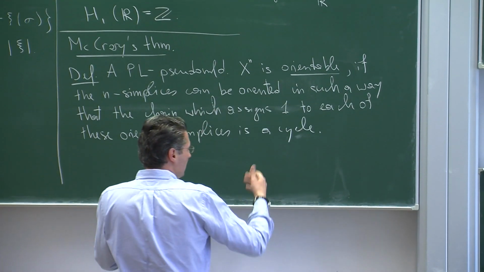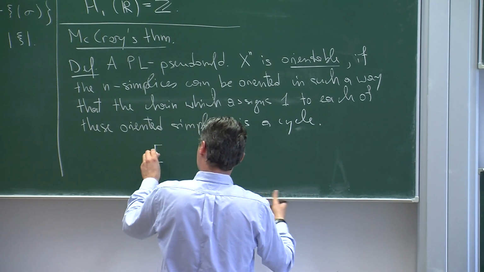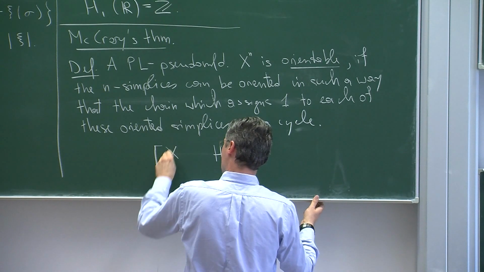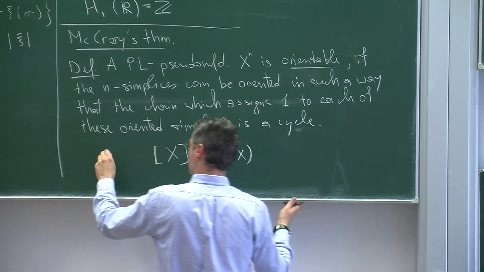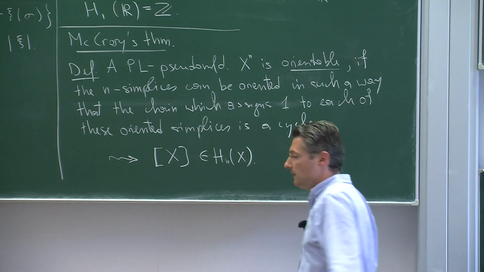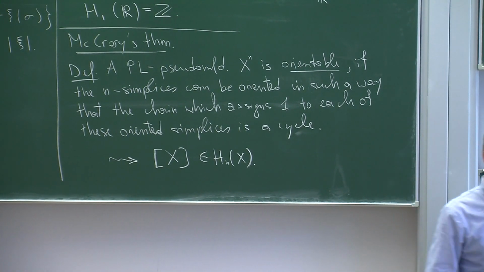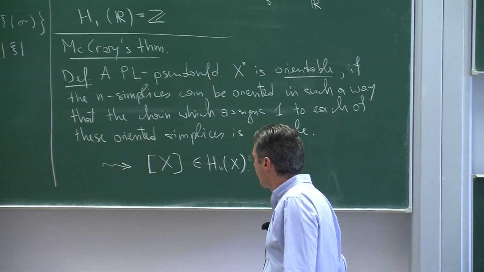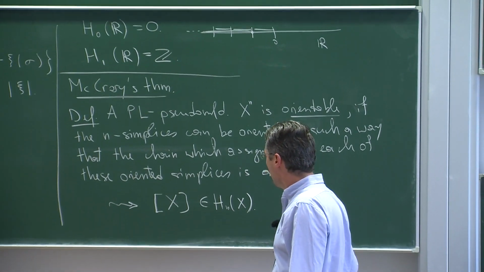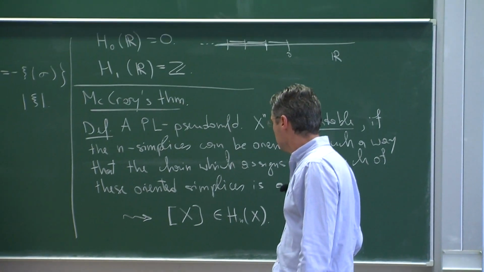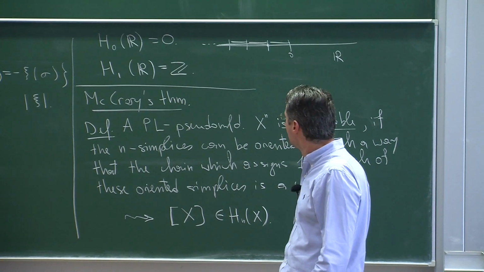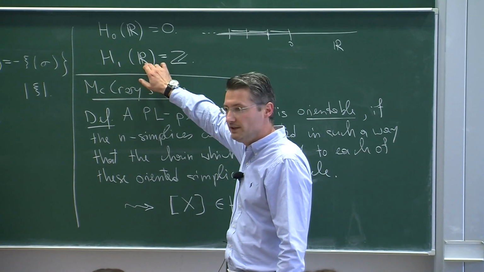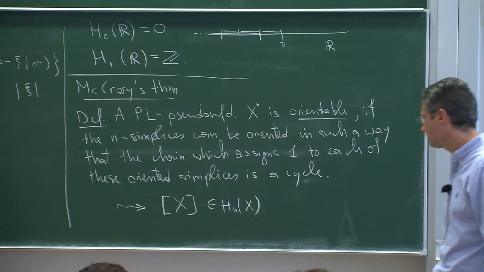The cycle defines an element in the nth homology of X, and that is called the fundamental class. So the point is, orientable pseudomanifolds have a fundamental class in the top homology, just as manifolds do. And for this, I don't need to assume that X is compact. For example, you see this example here.